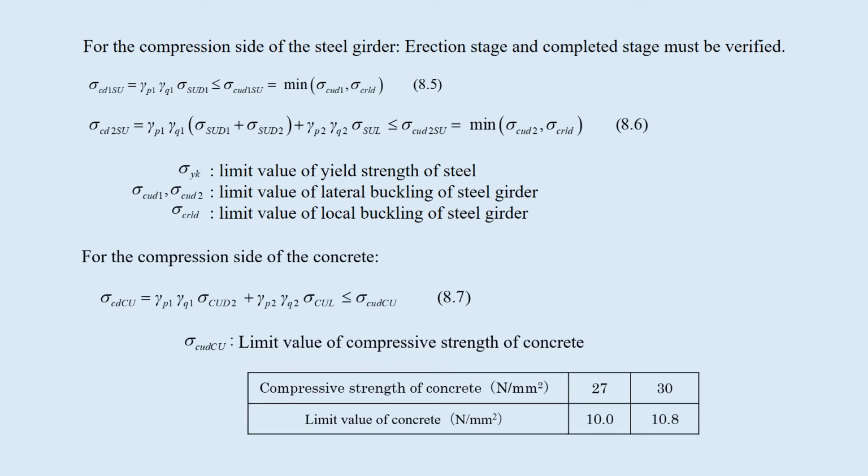For the compression side of the concrete, post-composite dead load and the live load are considered. The limit value of concrete is 10 Newton per square millimeter for the concrete with compressive strength of 27 Newton per square millimeter.